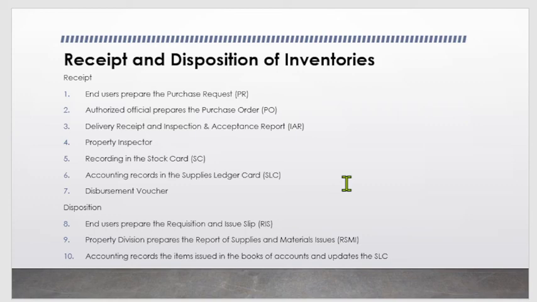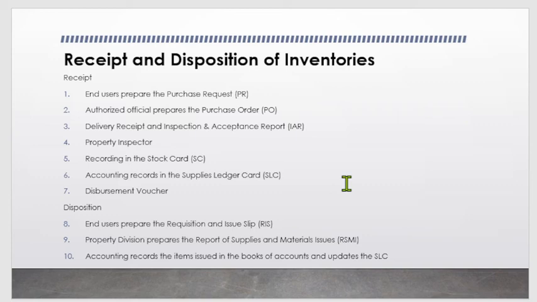So, meron po tinatawag sa accounting na supplies ledger card. This is essentially dapat tally dun sa stock card under the property division. So, nandun lang po yung quantity and monetary amounts of all the receipts and issuances as well as the available balance of a particular inventory at any given point in time.